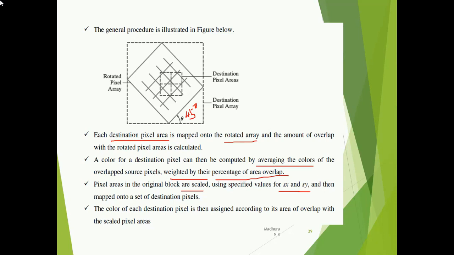The original block of pixels, the original area, has to be scaled with certain scaling factors Sx and Sy, and the color of each destination pixel is then assigned according to its area of overlap with the scaled pixel areas.